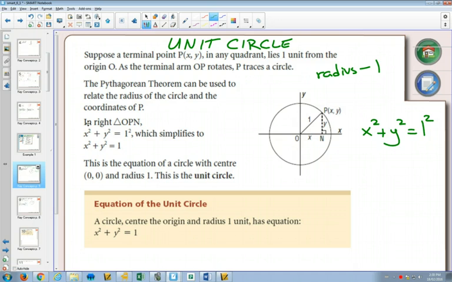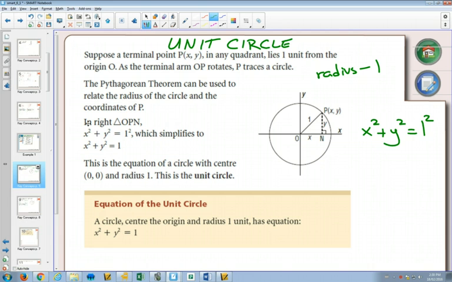The equation of a circle is x squared plus y squared equals 1. And then you could do transformations with it so that you could move it up and left and get new circles with new centers. And if you changed the radius to 5, then it would be x squared plus y squared equals 5 squared, and that would be the equation of a bigger circle.